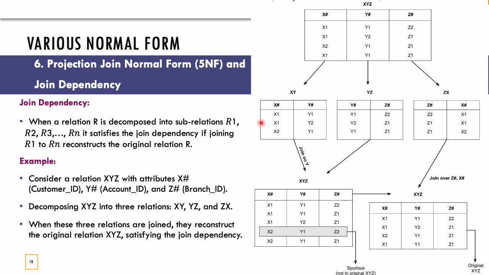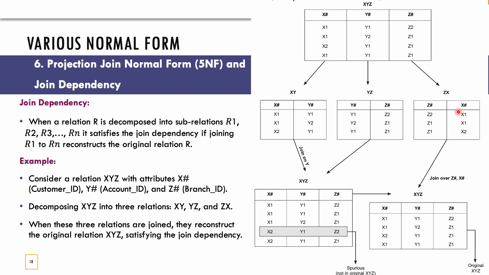It contains pairs of customer ID and account ID. And then we also have YZ. It contains pairs of account ID and branch ID. And next we have ZX. It contains pairs of branch ID and customer ID.